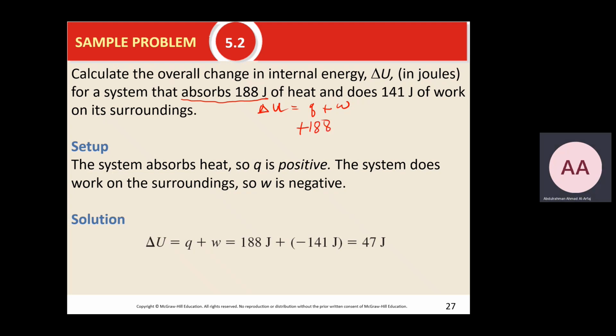And the system does work, meaning it does work on the surrounding. So W will be negative in this case. So delta U will be positive Q and negative W, and the total will be like this.